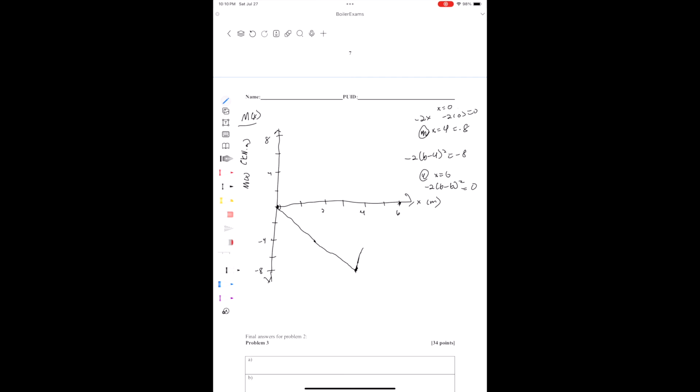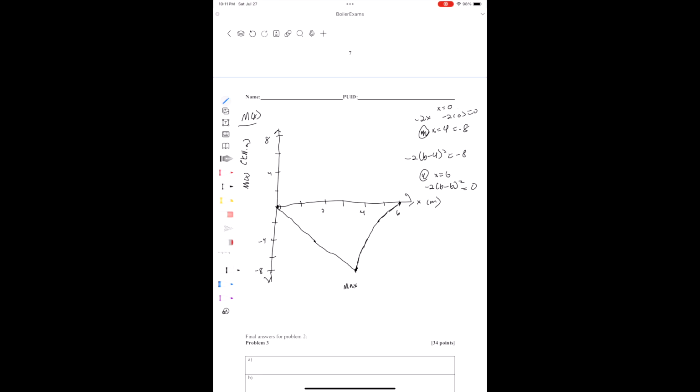It's going to curve inwards like this, as it is a negative quadratic equation.